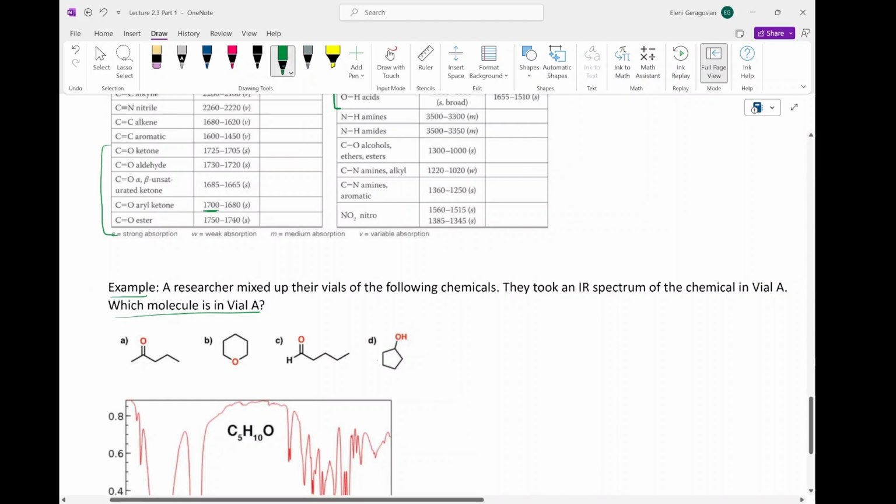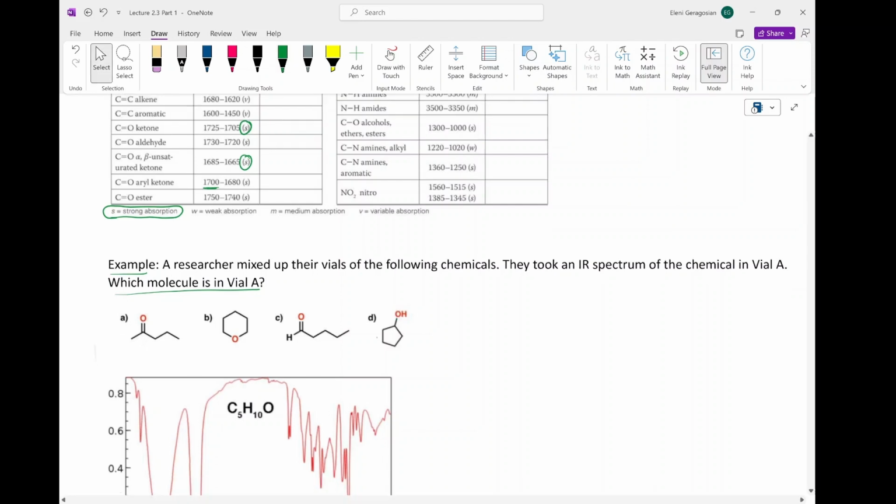Like I mentioned, all of these are in that 1700 region. And then they also have this S after, and that indicates strong absorption. So you can see that real small at the bottom. So that means that the percent transmittance should be very low in those areas.